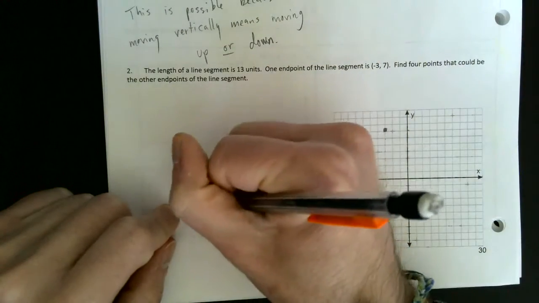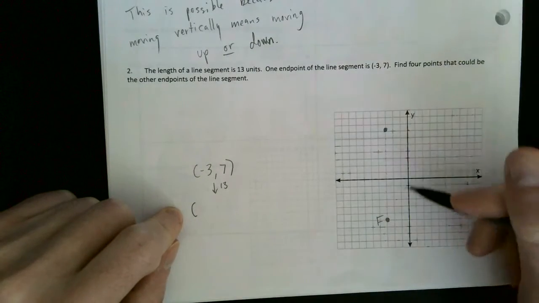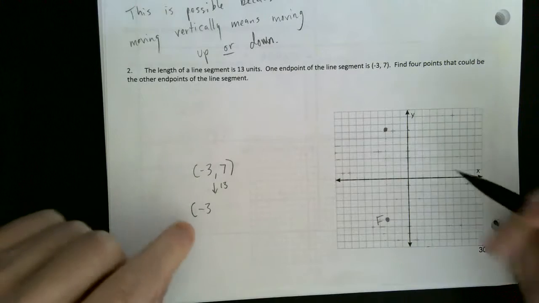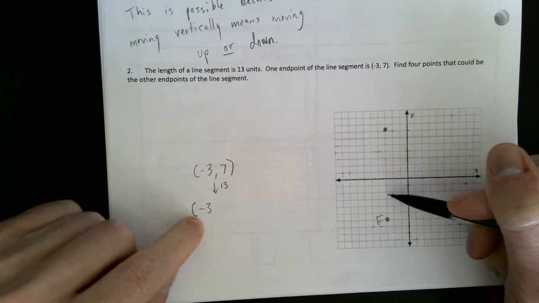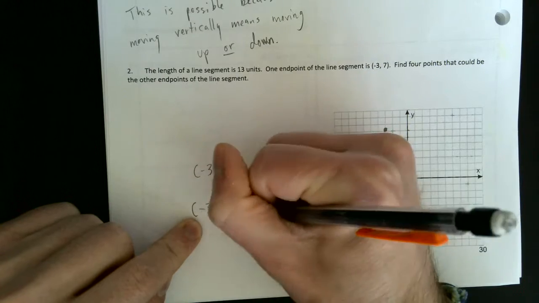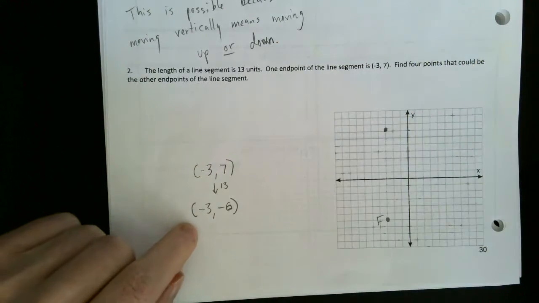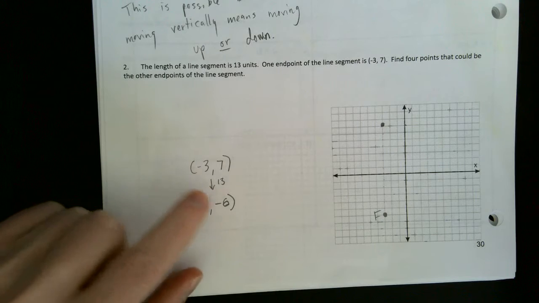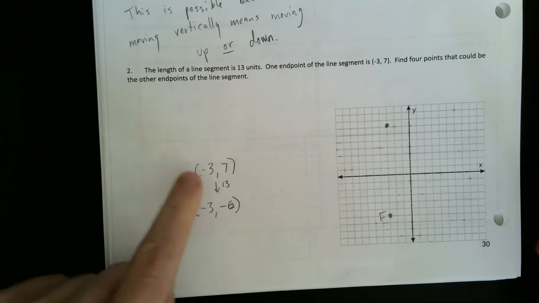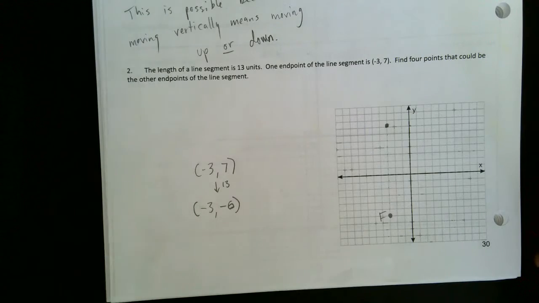And point F that we wound up with would be negative 3, negative 6. So the X stayed the same because we didn't move side to side. Makes sense that they're both negative. Those are in the third quadrant. Okay, so that's one of the points. We went down 13, and we got this point here. The side-to-side variable didn't change, but the up and down one did.